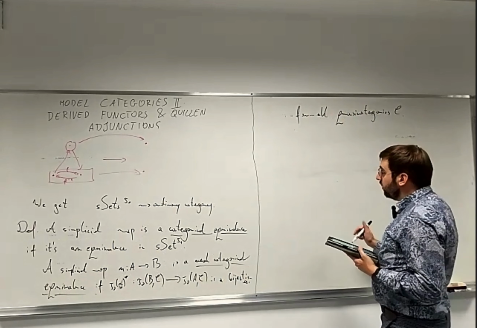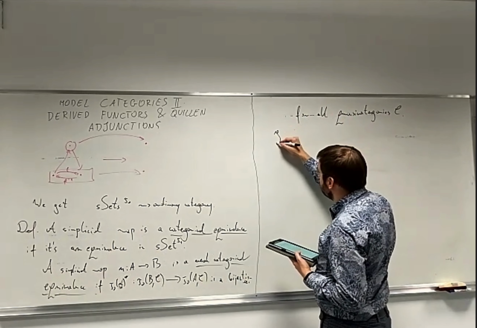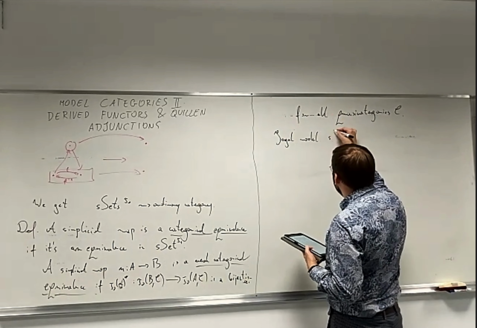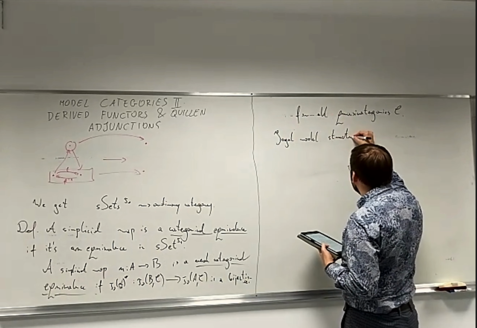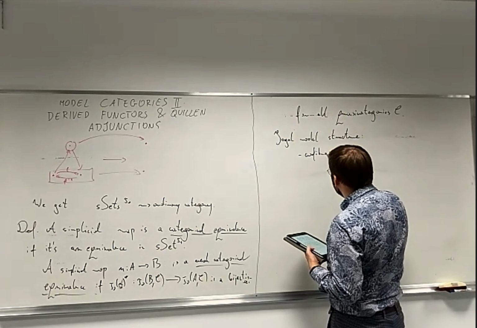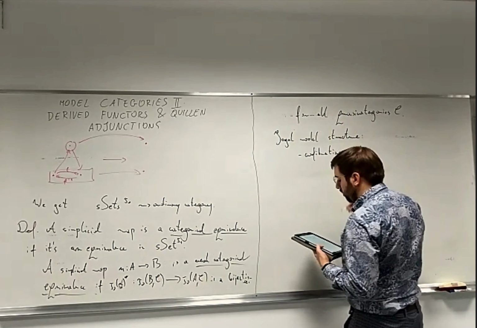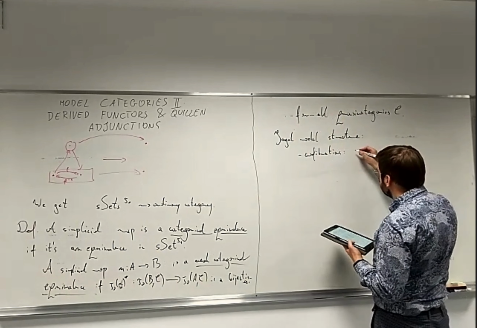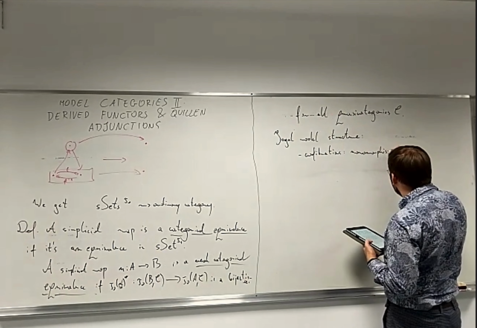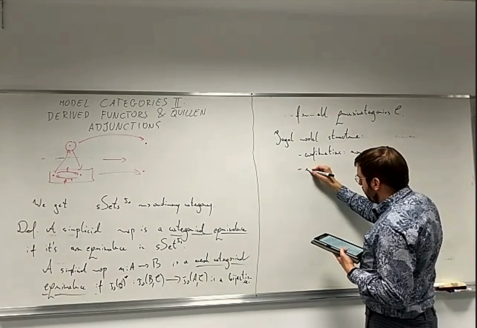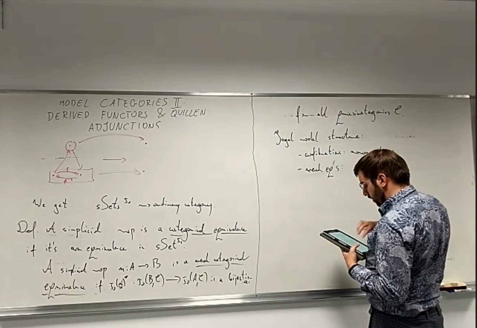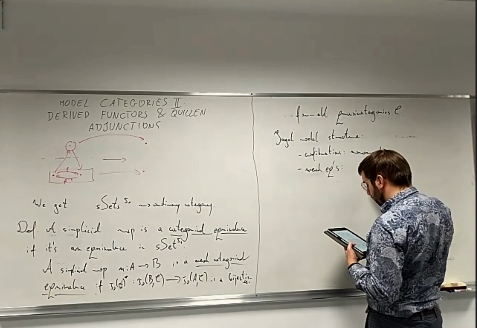So the Joyal model structure is characterized by the following properties. Cofibrations are taken to be monomorphisms. Weak equivalences are going to be weak categorical equivalences.